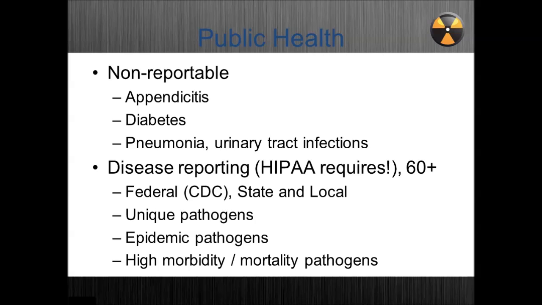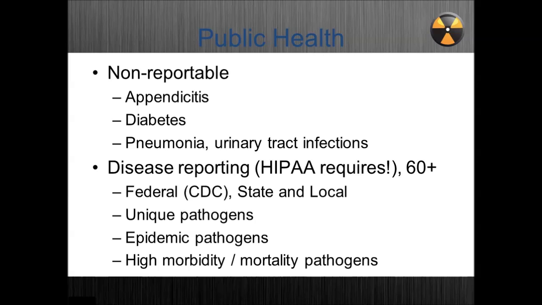And there are some diseases that we don't really report. Some of these, for example, are things like appendicitis or pneumonia, urinary tract infections. We want to know about the general health of these, and there are other things in medicine that will track it. But for disease reporting, there are guidelines for unique pathogens that have very high mortality rates, that you can die from or that can spread very, very fast, and so we're required by law.